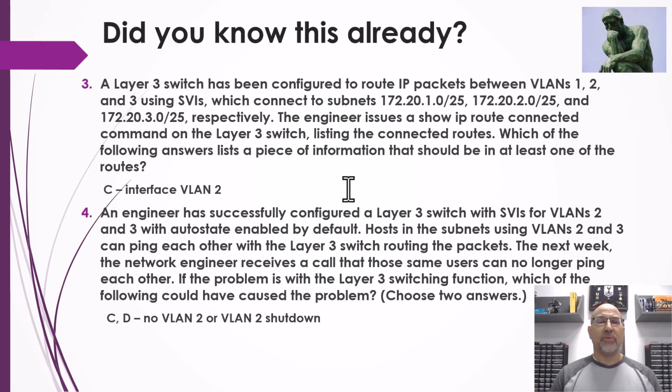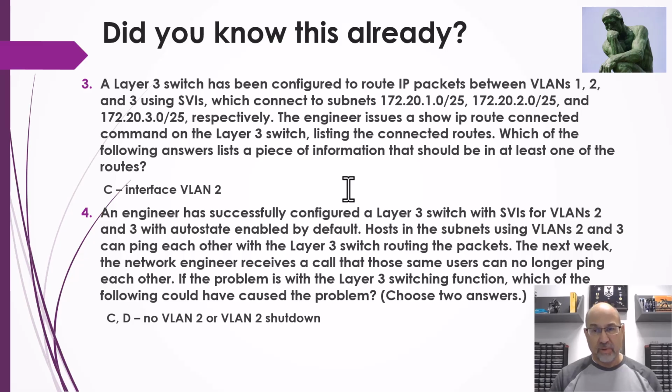Question number 3, a layer 3 switch has been configured to route IP packets between VLANs 1, 2, and 3 using switch virtual interfaces. So this is the multilayer switch configuration. And then we've got some subnets here, the 1, the 2, and the 3 net respectively, /25, that's the key. That was one of the answers in there to trick you into using the wrong subnet. The engineer issues a show ip route connected command on the layer 3 switch consisting of connected routes.